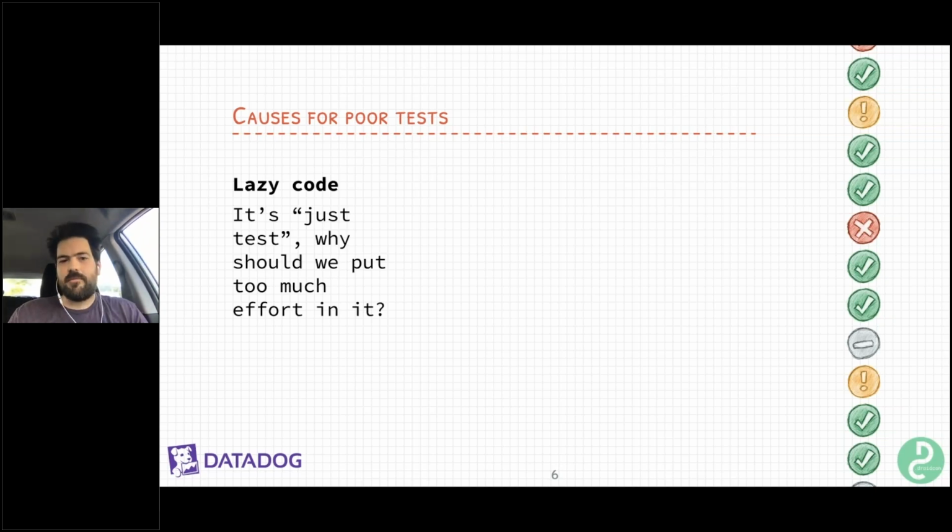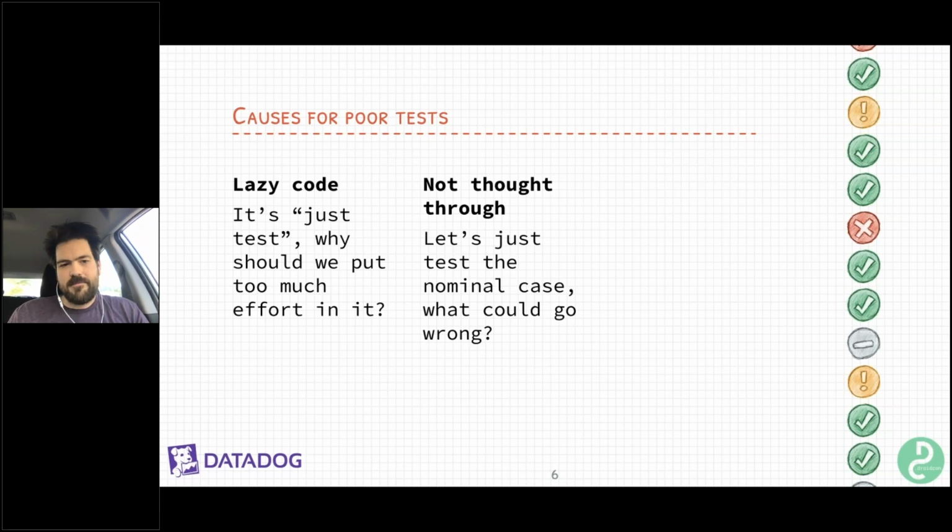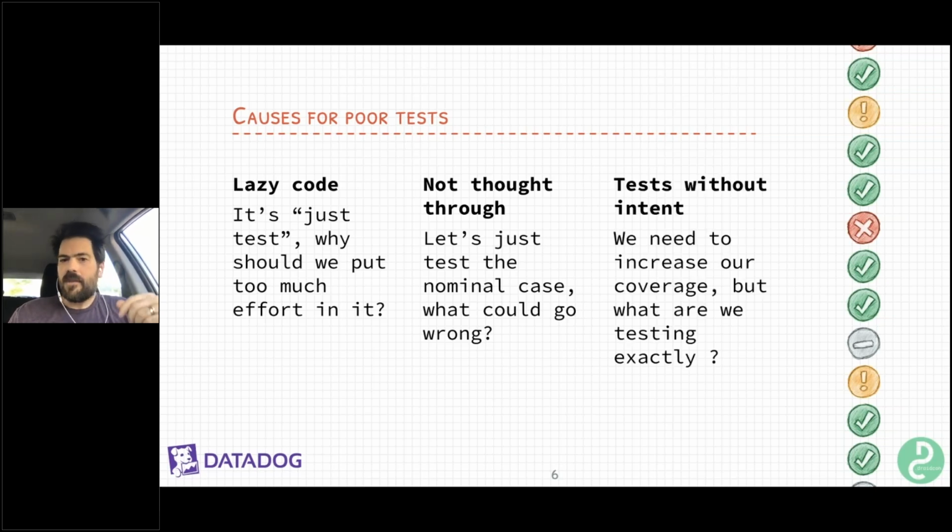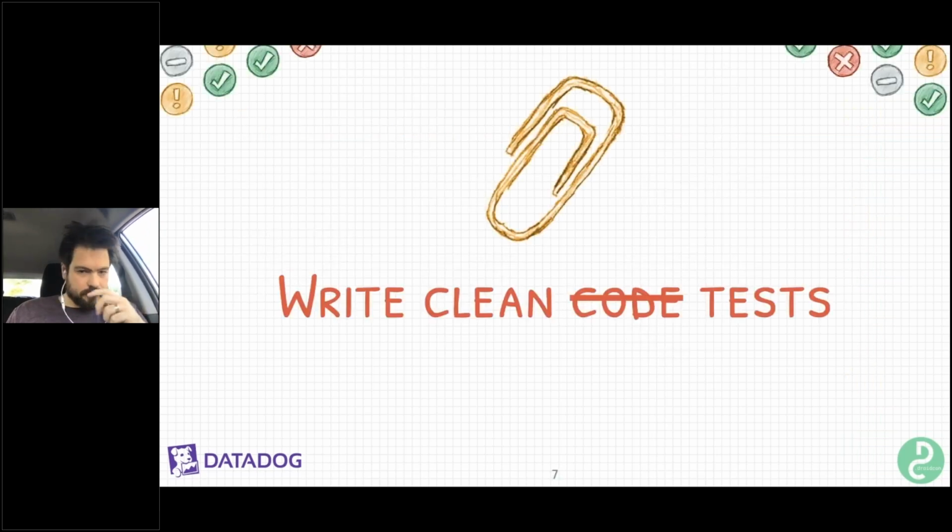Let's just write it and be done with it. Or sometimes it's because they are not thought through. So you just write one test for the nominal case, and then what could go wrong? And sometimes it's because the tests lack intent. You're writing tests because you're told to, because you need to increase your coverage, but you don't really know what you should be testing exactly. So we're going to address that.